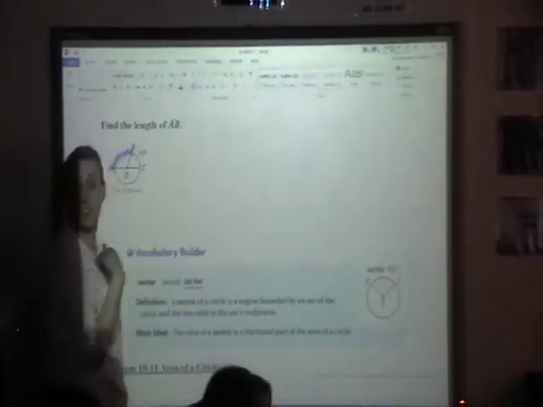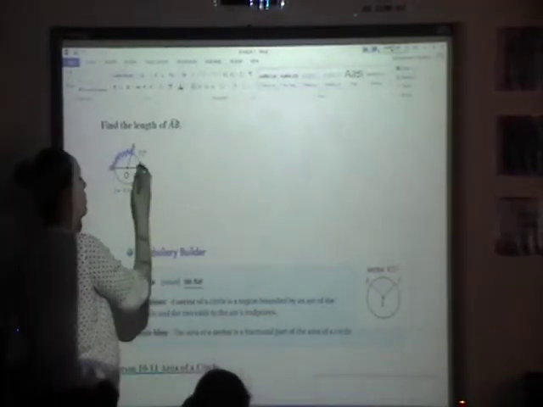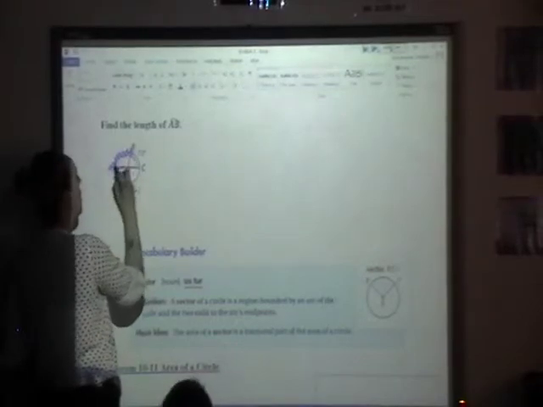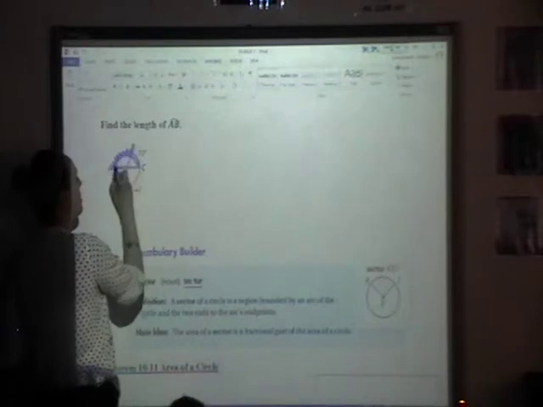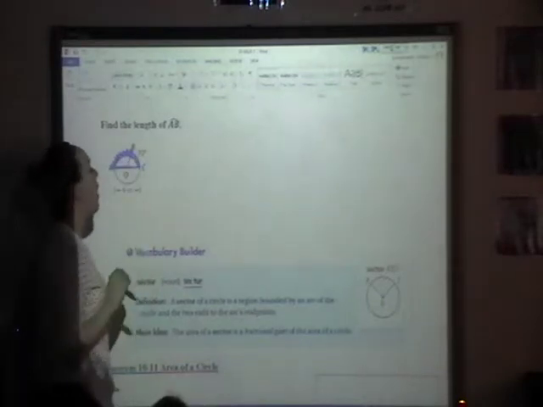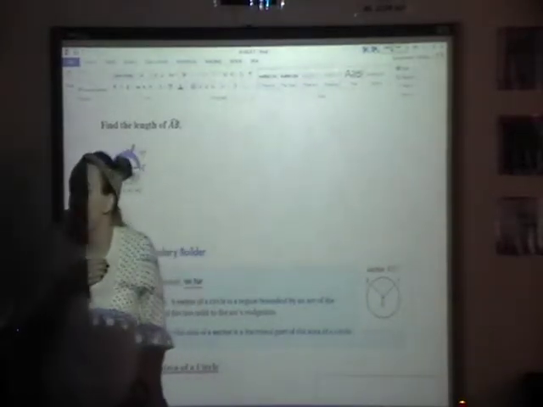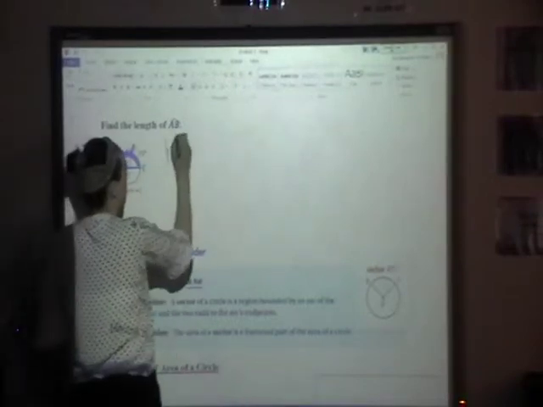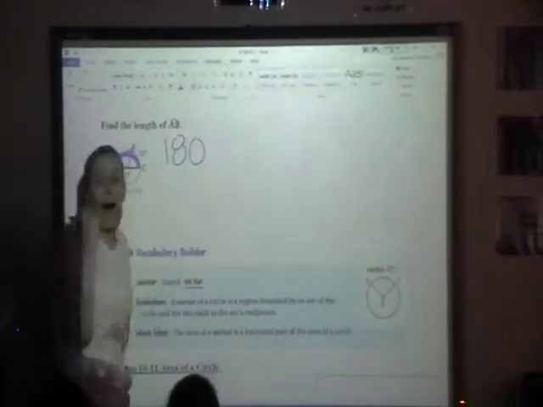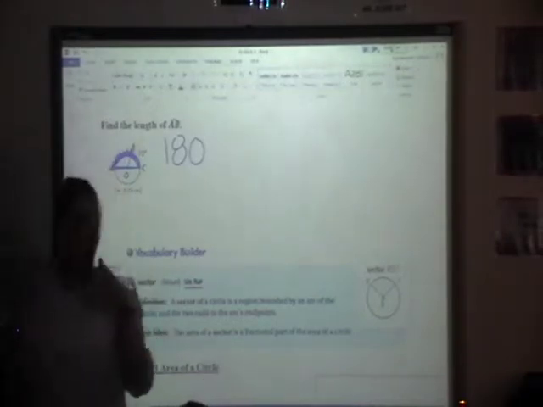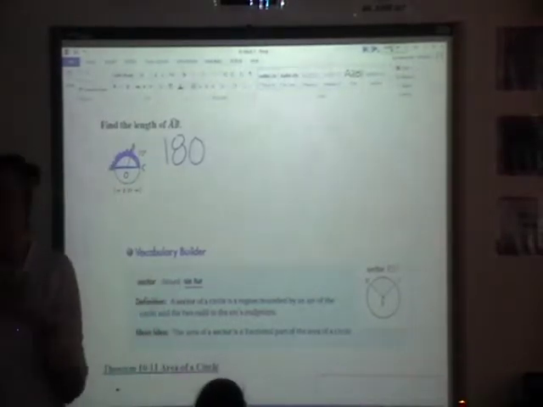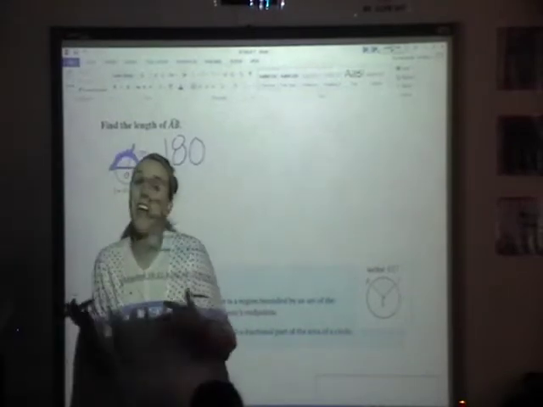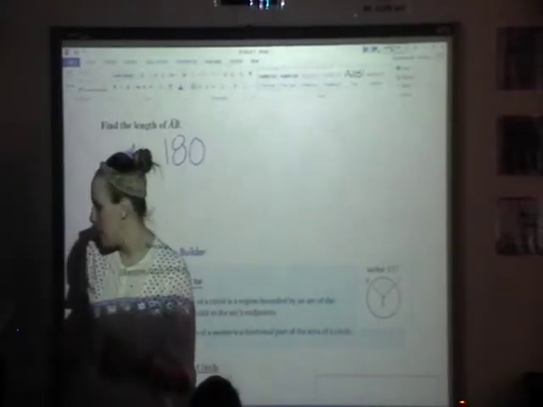I'm going to tell you what I saw, and then you guys can decide whether or not you want to do a full thing. I see that the length of AB is part of a semicircle. So all I need to focus on is knowing that a semicircle is what? 180. So I know that my AB is part of a semicircle. Now to figure out what the length of AB is, they gave you the angle that offsets AB.